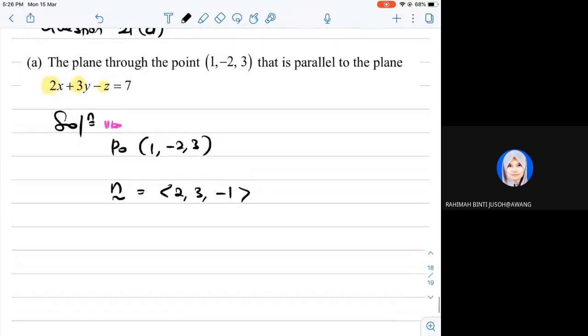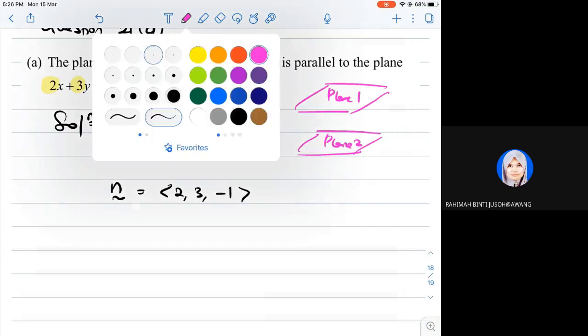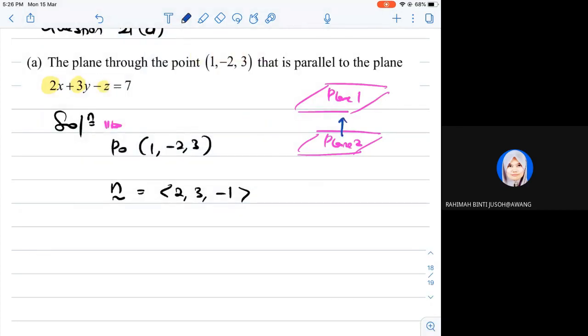Okay. Sebab, dia macam ni guys, kalau saya boleh lukis lah. This is the first plane kan? Plane 1. Dia parallel terhadap plane yang kedua, plane 2. So bila dia parallel, normal vector untuk plane 2 ni, saya pakai marker pen biru, adalah juga normal vector bagi plane 1 lah kan? You faham tak? Parallel, boleh imagine.